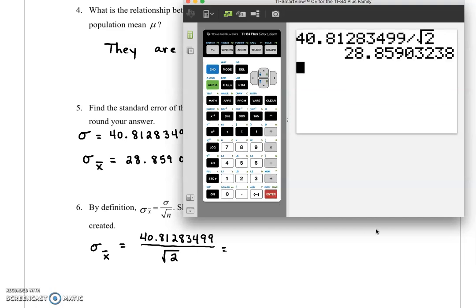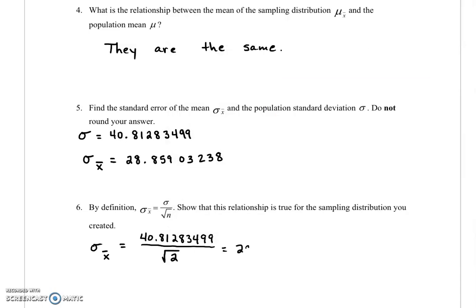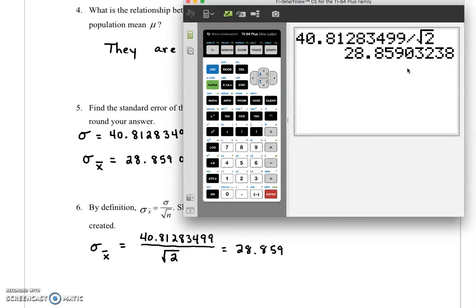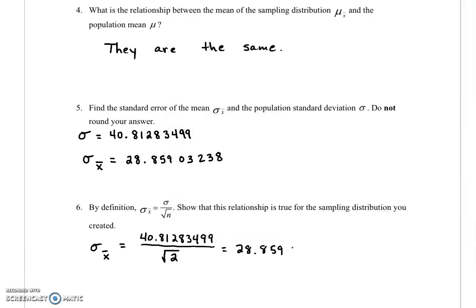And if we hit enter, what do we get? We get 28.85903238. So that's true, right?